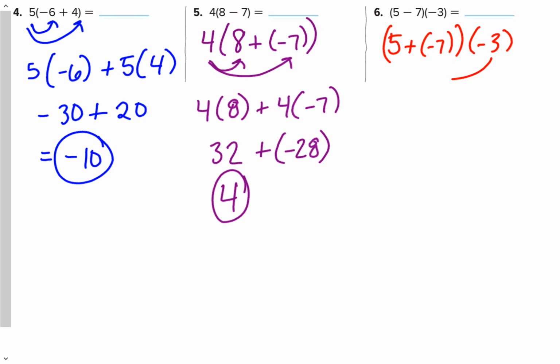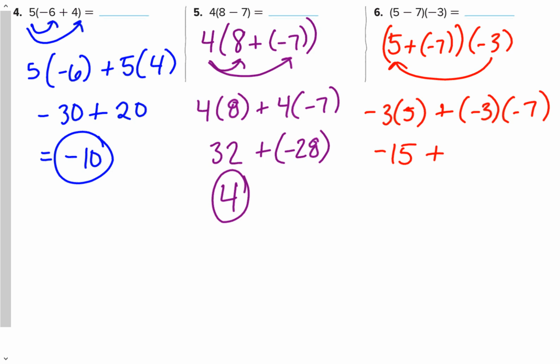All right, so negative 3 times 5. Operation is plus, and then we got negative 3 times negative 7. So negative 3 times 5 is negative 15, plus negative 3 times negative 7 is positive 21. So that's going to equal positive 6.